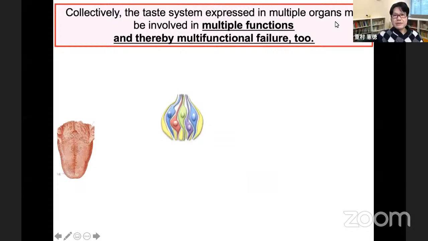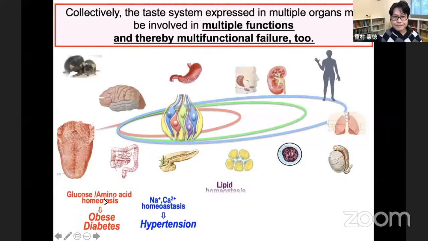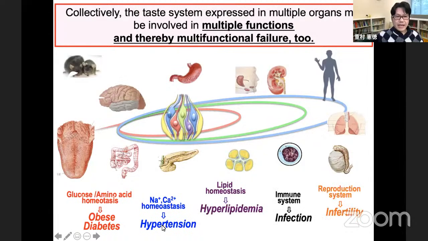Collectively, the taste system expressed in multiple organs may be involved in multiple functions, and thereby may be involved in multifunctional failure, such as obesity, diabetes, hypertension, hyperlipidemia, infection, infertility.